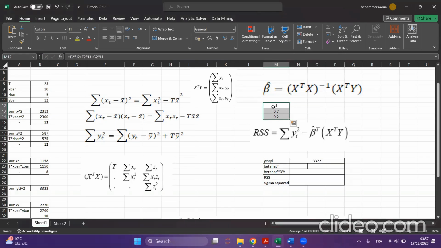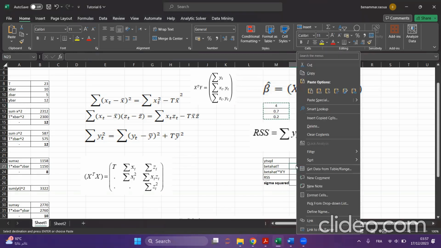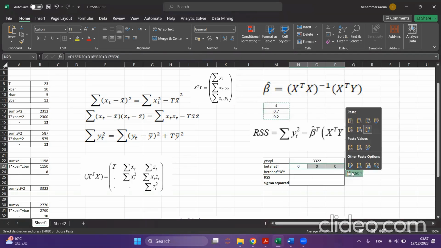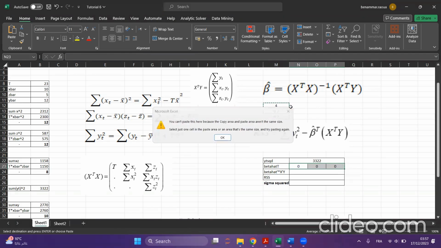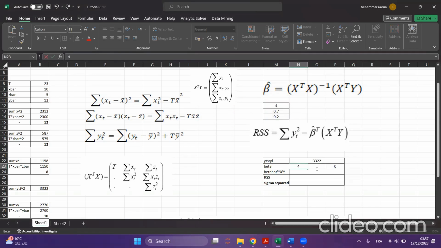So we just have to copy it and transpose it. Never mind, you can just write it down. It's only 4 elements. So 0.7, and this one is 0.2.